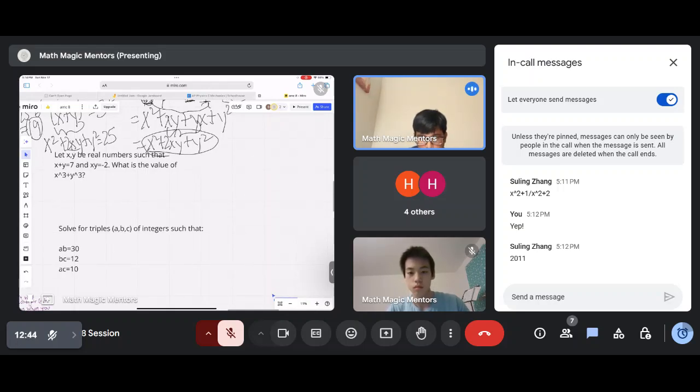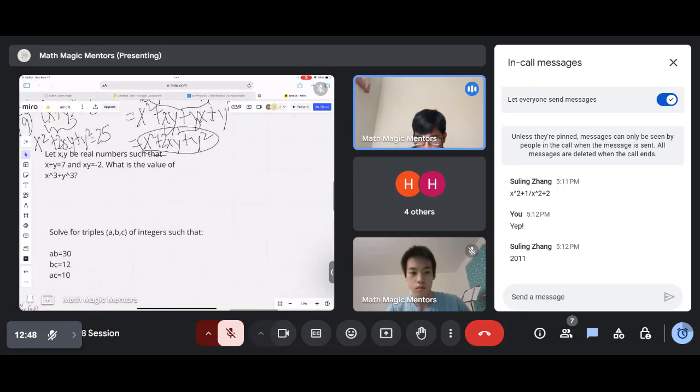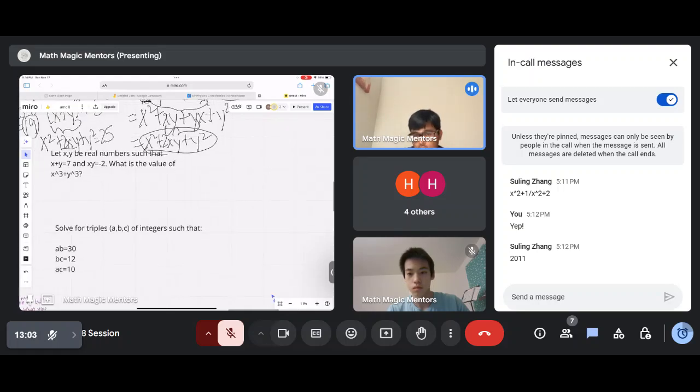This problem is a bit on the harder side because we haven't really looked at cubic functions yet, but this is also an identity that you should know, especially for the AMC and moving forward, because it just shows up everywhere, right?